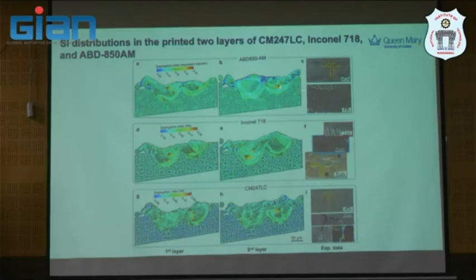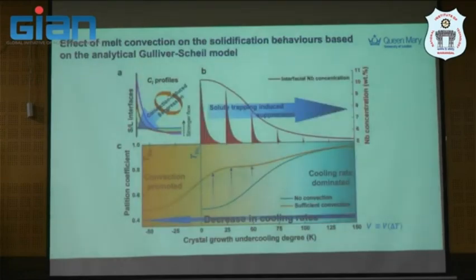This is a zone that you see, which we call solute dilute zone, right? It's trapped in the melt pool, and this is because we believe the effect of the melt convection during the printing makes it. Let's say if you decrease the cooling rate here, let's say this is the solid liquid interface.